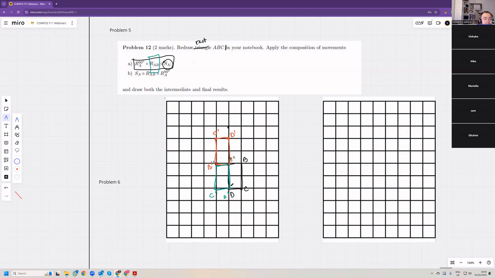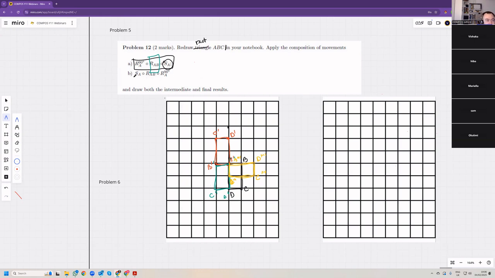Then a rotation of 90 degrees about point A, so it becomes this. So this is A triple dash, D triple dash, C triple dash, and B triple dash. So that's the final image.